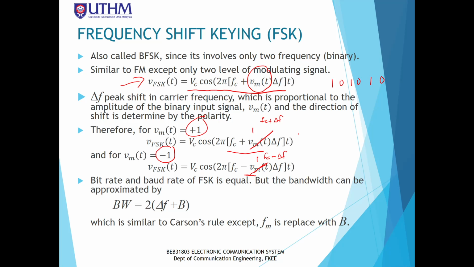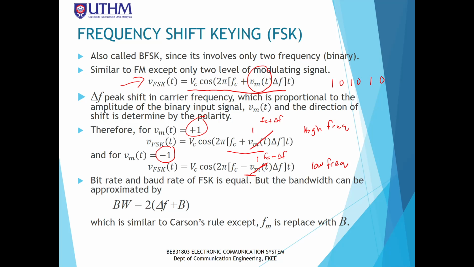So for the input logic 1, dia akan menghasilkan high frequency. Manakala untuk input logic kosong akan menghasilkan output low frequency. Okay, so input logic 1 akan menghasilkan output high frequency, input logic kosong menghasilkan low frequency output.